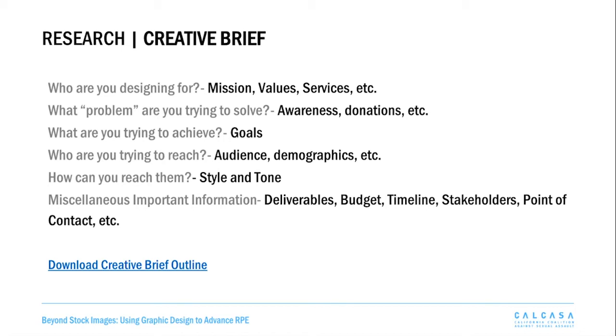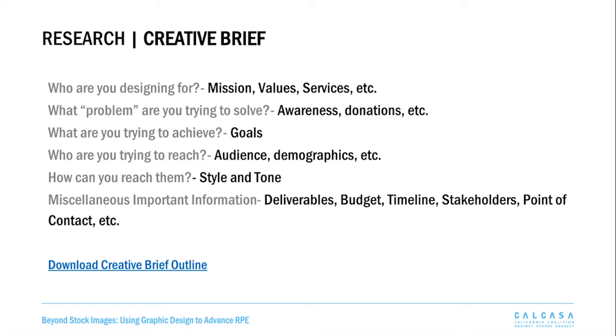Before we move on, there is a clarifying question from Leah. How is who you are designing for different from audience? So who you are designing for would be more of your organization. For example, I'm designing for Calcasa.